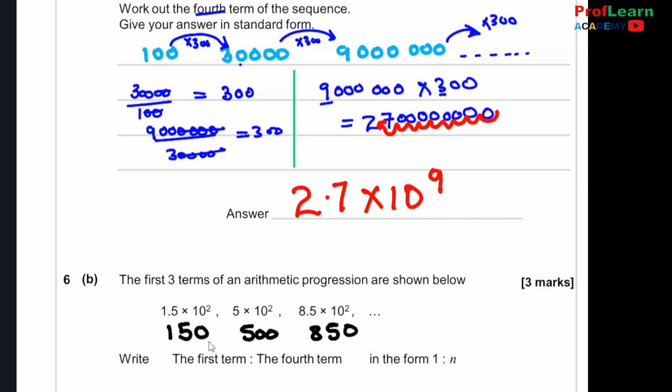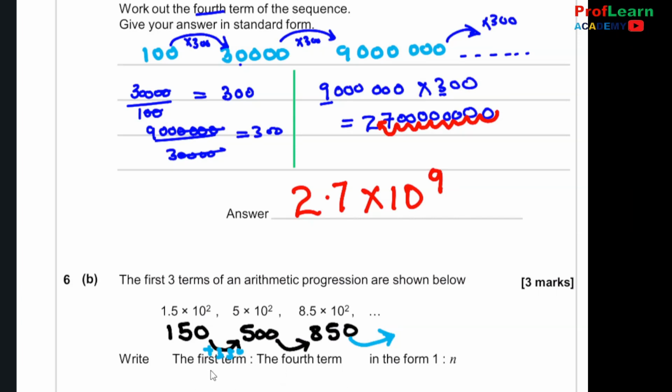So what do you need to add in order to get to that? Can you check whether it's 350? So if you add 350 in each case, plus 350 plus 350, you're going to get there. So meaning also for us to get that one, it will be 850 plus 350, and this is going to translate to 1200.